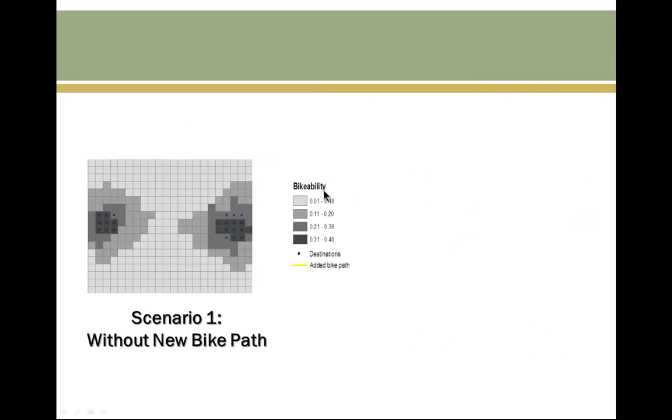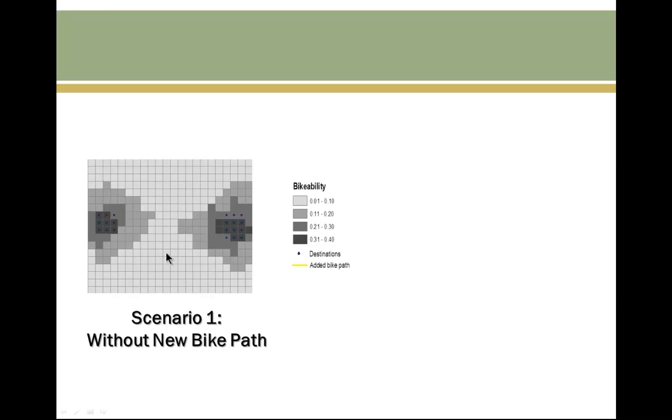This is a figure taken from a publication that we submitted and will be published in 2012 for the Transportation Research Board. In this publication, we used a fictitious 2-centered community, and the blue dots represent the destinations, and the lines are a perfect grid of streets, and we gave a bicycle level of service of a C or D to all of these streets.